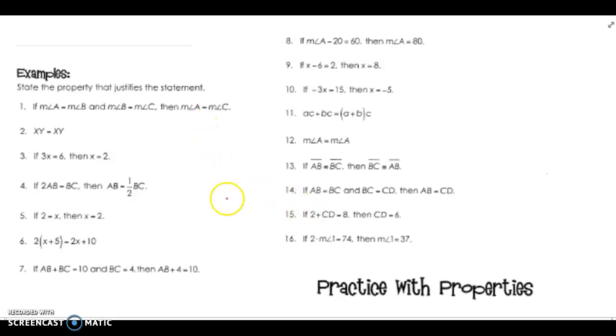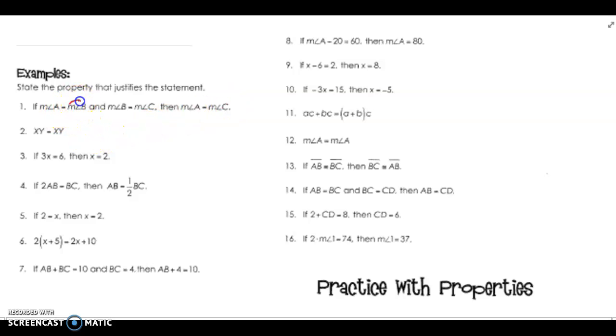All right, so if we look at number 1, it says, if the measure of angle A equals the measure of angle B, and the measure of B equals the measure of angle C, then the measure of A equals the measure of angle C. Well, we just did that on the algebraic foldable, and you should be able to get on there and look.